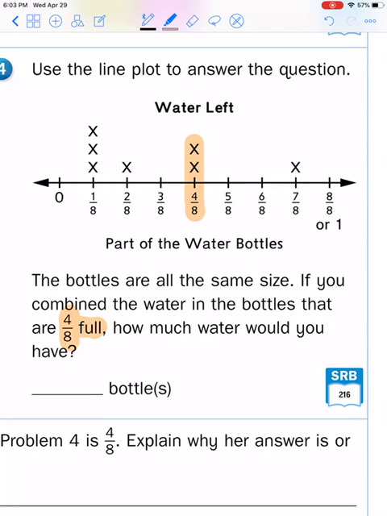And I noticed there's two bottles that are filled with 4/8. So it would be 2 times 4/8, which would be 2 times 4, which is 8, and you're going to keep your denominator. So it's 8/8, which we know is 1 whole bottle. So 1 whole bottle.